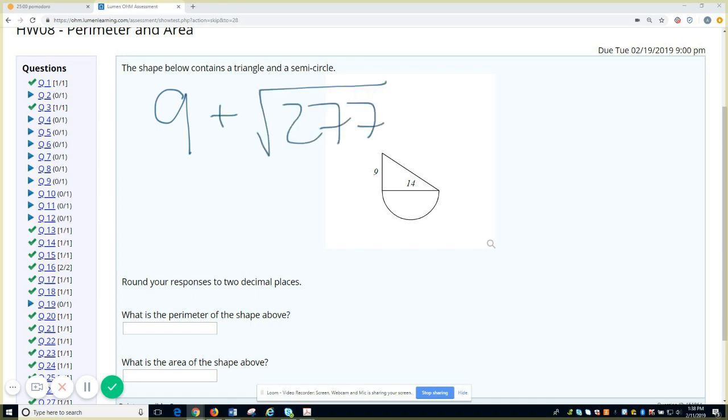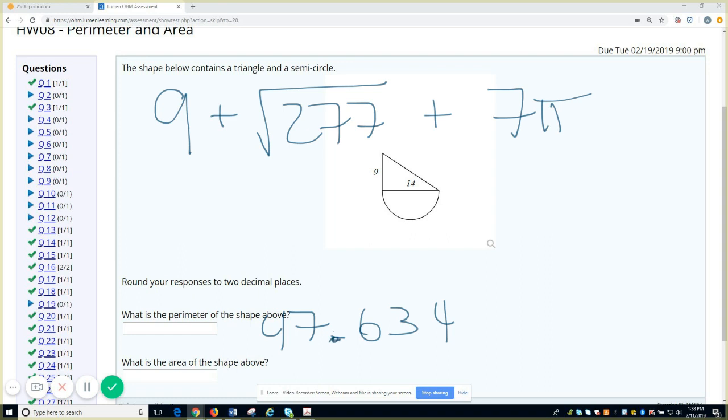That way I'll get a more precise answer. So 9 plus square root of 277 plus 7 pi gives me the total of 47.634 approximately.